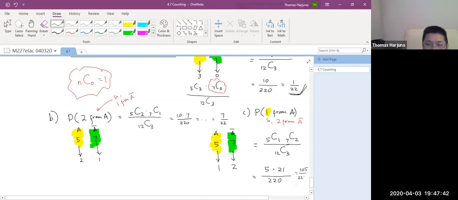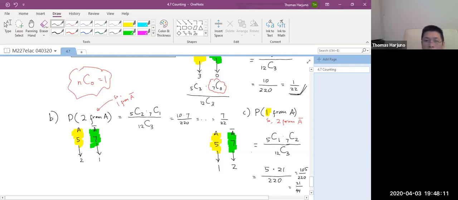If I reduce by 5, that's 21 over 44. Now 21 over 44, when I divide it, I should use 21 divided by 44, not 44 divided by 21.